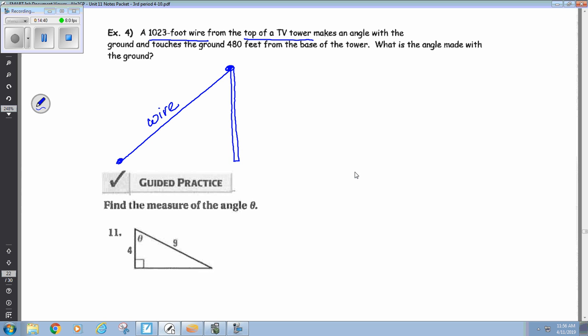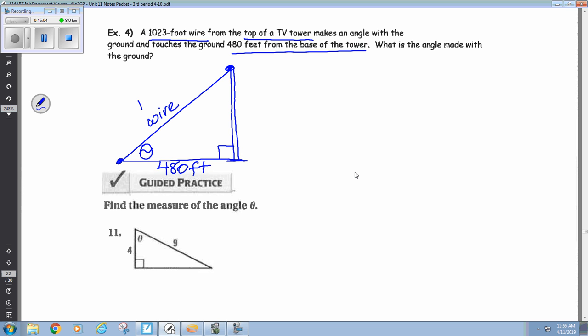It touches the ground 480 feet from the base of the tower. The base of the tower is the bottom of the tower. So 480 feet. You're looking for the angle made with the ground. So that's where your theta is located.